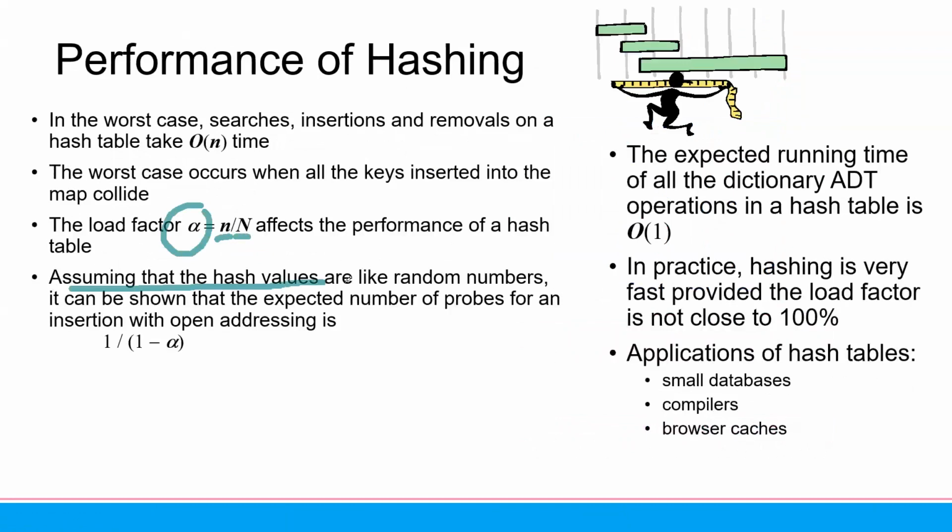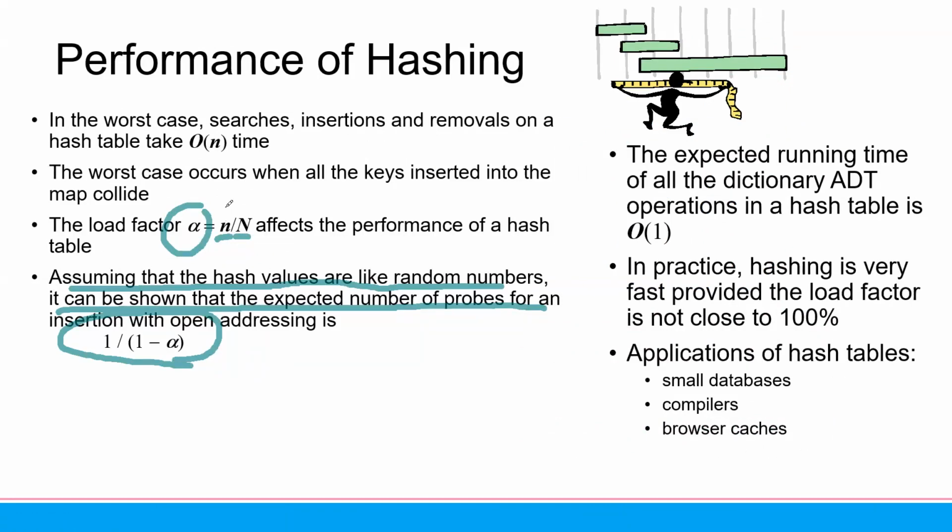Assuming that the hash values are like random numbers, it can be shown that the expected number of probes for an insertion with open addressing is something like this. So we can define the load factor.